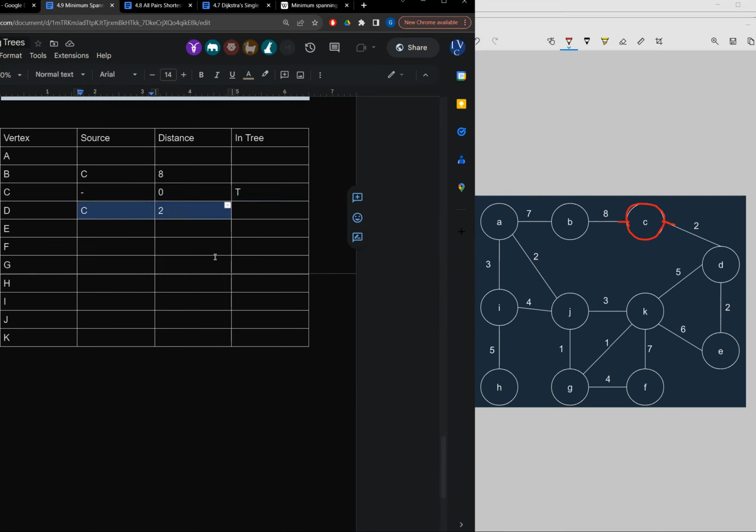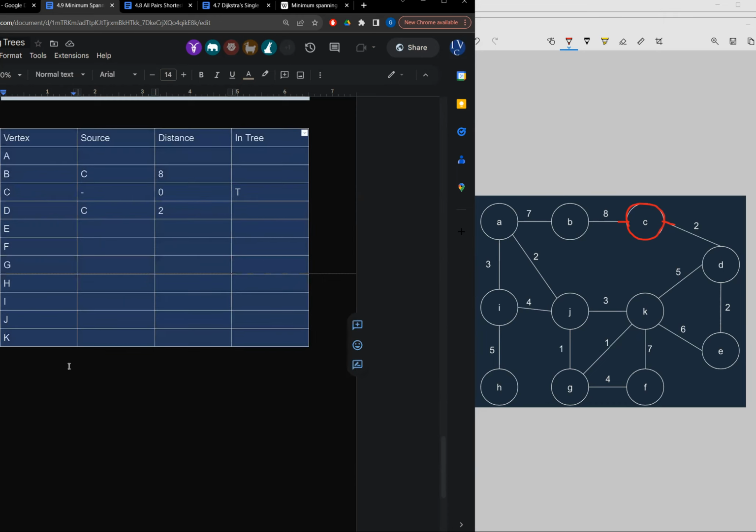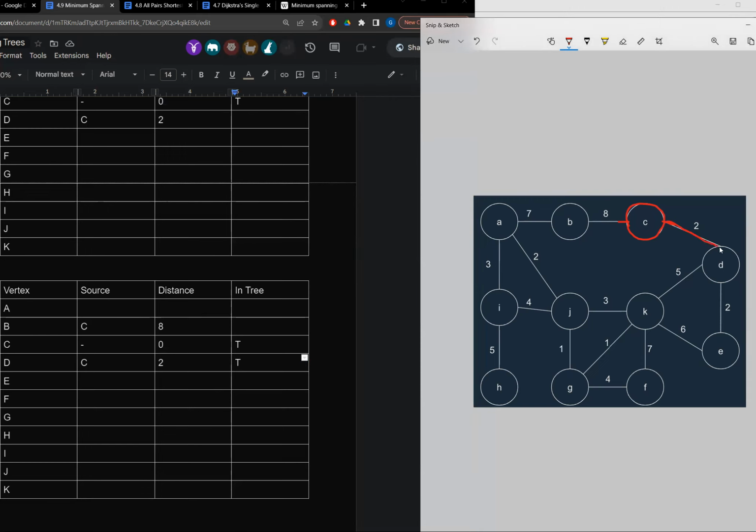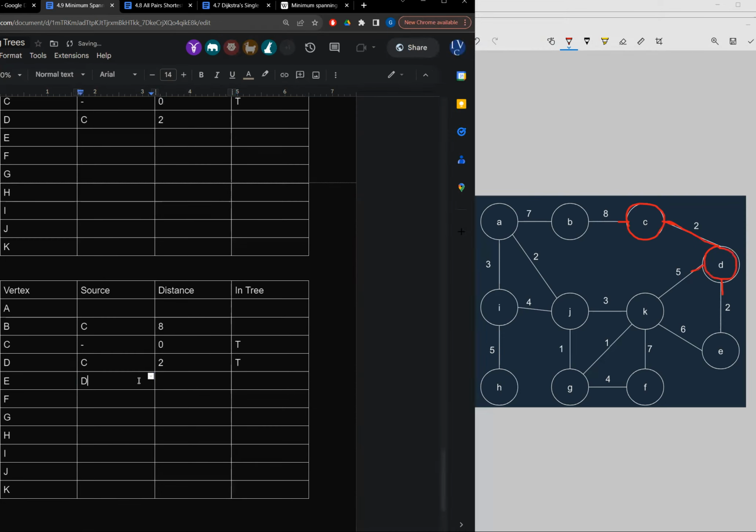So we will be greedy and take D into the tree. So we chose D to go into the tree. Now D is in the tree, and that tells us about 2 edges. Right? We have E, get to E from D for 2, and K, D for 5.